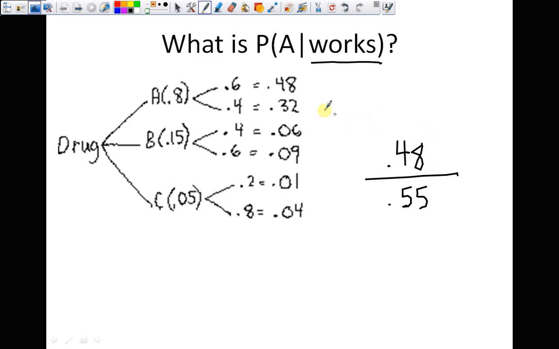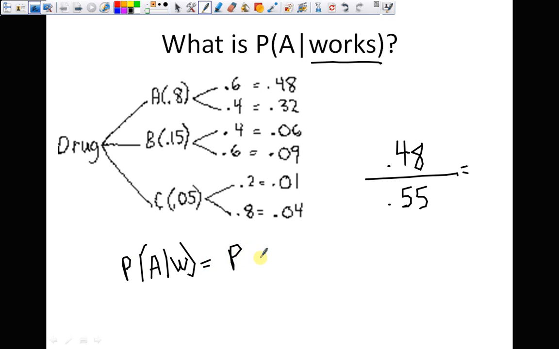Think about how we got that 55%. It was the 48, the 6, and the 1%. So the 48% out of the 55% is what our joint probability is going to be. So whatever that answer is, I'm not going to do it in the calculator, but that's what your answer would be. Okay. And I'll also show this. The probability of A and works, these are all probability formulas, I'm just kind of showing you a couple of different ways.